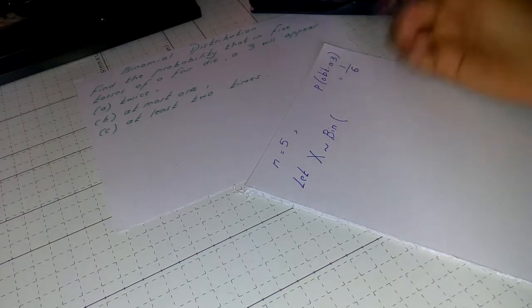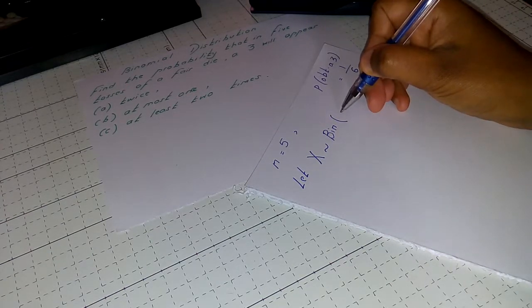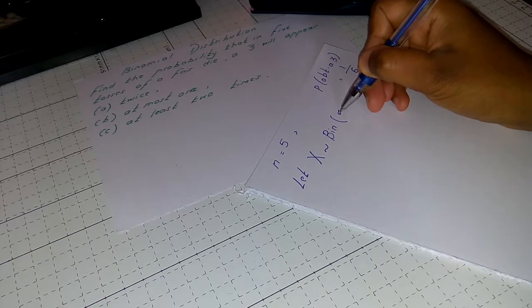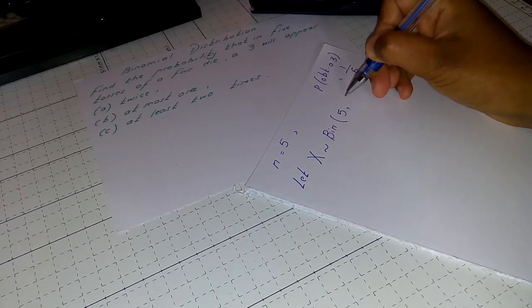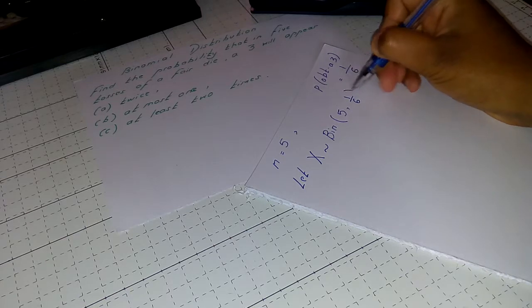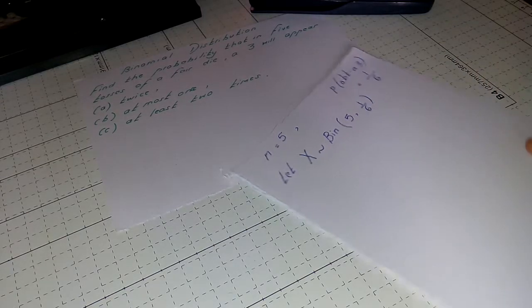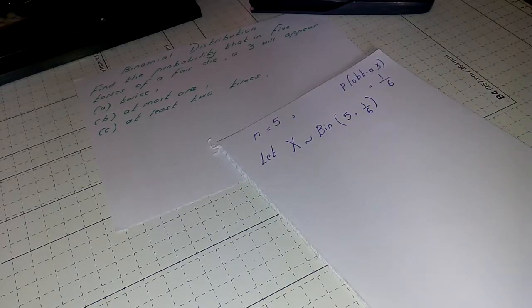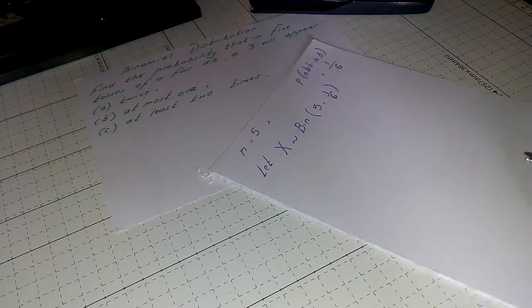Now we need the n, so X follows Bin 5, and then the probability of obtaining a three, which is 1 over 6. Once you've defined your distribution, you can find the different probabilities, because without the distribution you will not be able to find them. So first thing, the distribution.